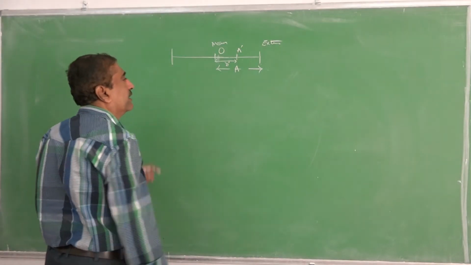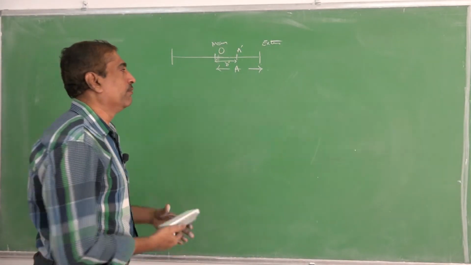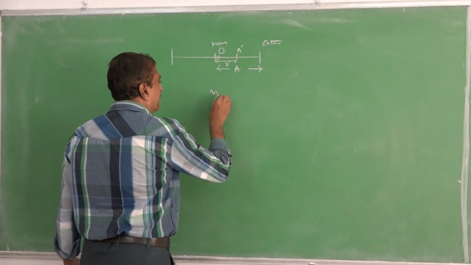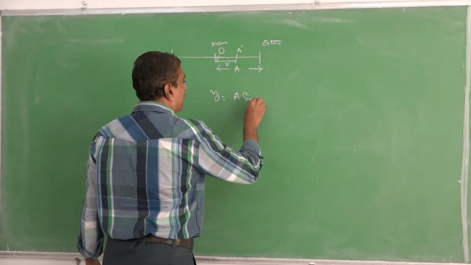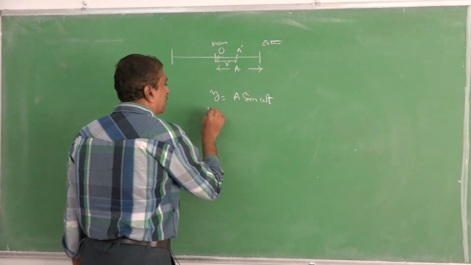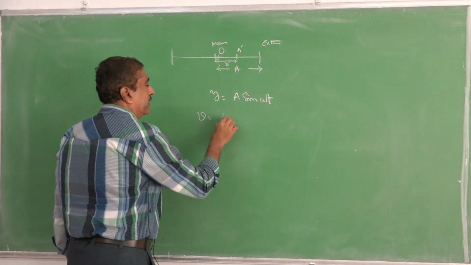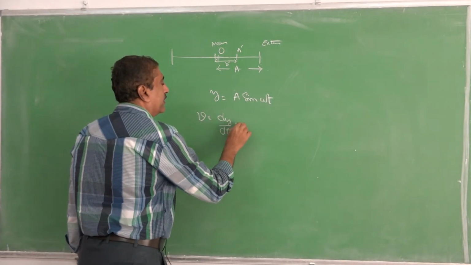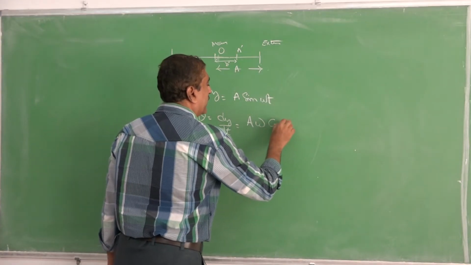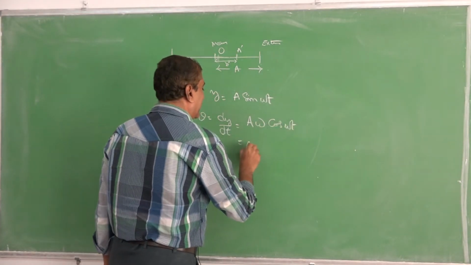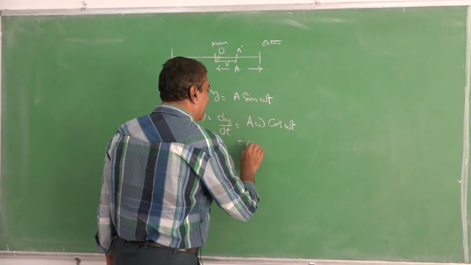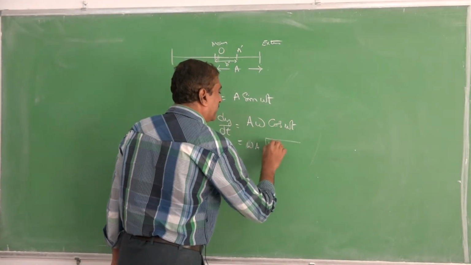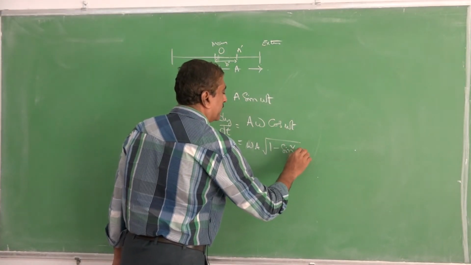Now, as the particle is moving, it possesses velocity. So, instantaneous displacement is given by y is equal to A sin omega t, assume like this. So, the velocity of the particle is given by dy by dt, that is A omega cos omega t. Now cos omega t can be written as square root of 1 minus sin square omega t.